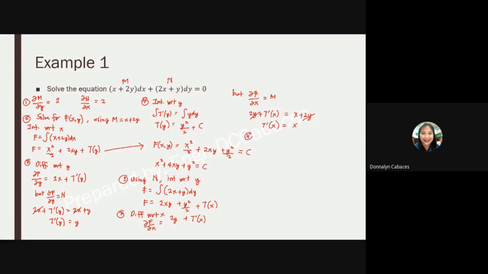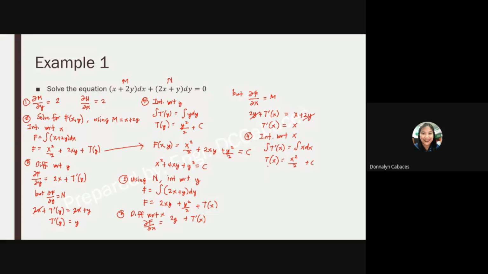And the fourth step is we integrate with respect to x. So the integral of t prime of x is equal to the integral of x dx. So you have here t of x is equal to x squared over 2 plus c.